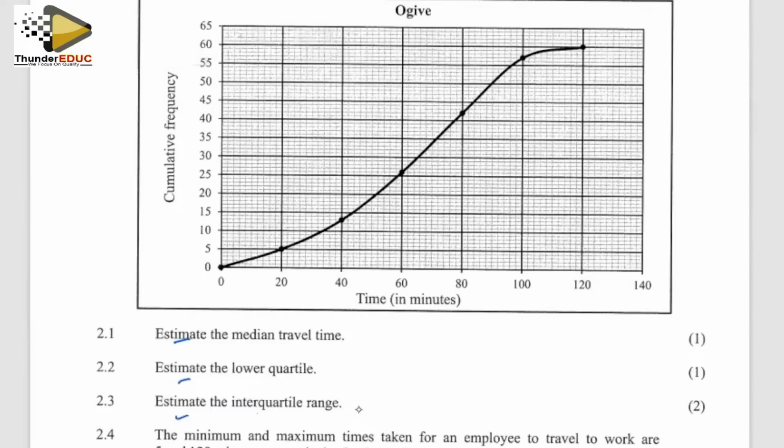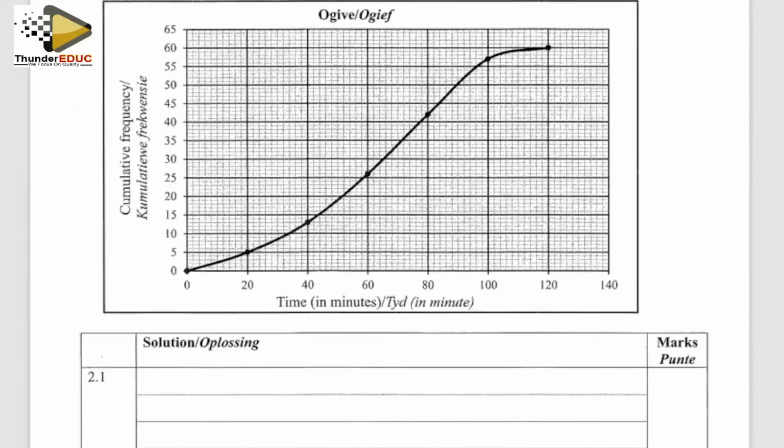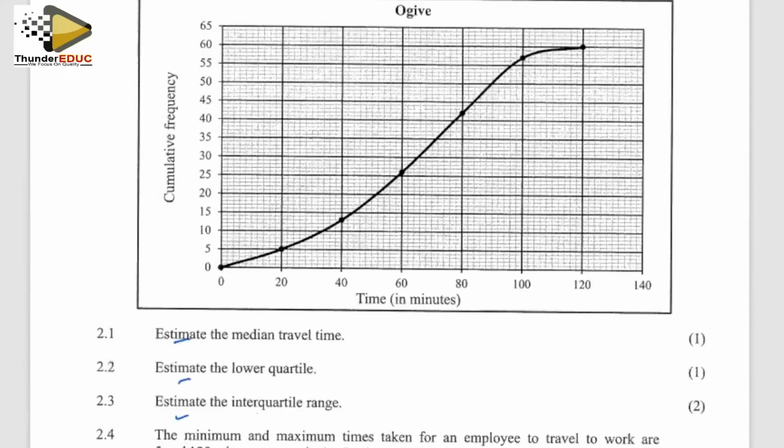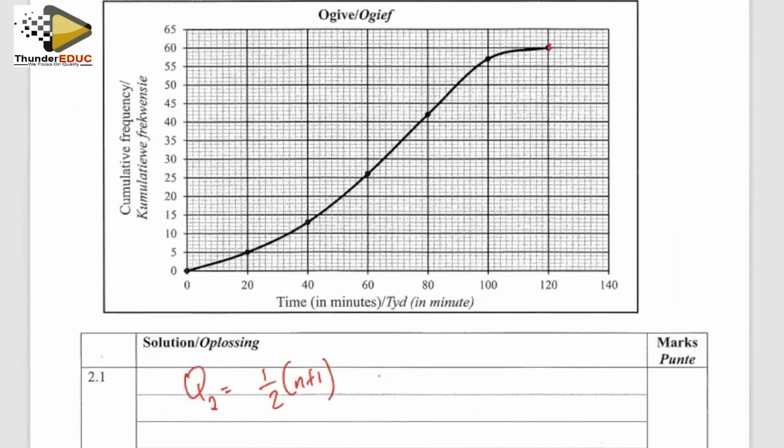So for us to get the median, there is that formula that we normally use: Q2 will be a half of n plus 1, if we are looking for the position. Then if we do the substitution, we know that our n is 60 because the question told us we're dealing with 60 employees that travel to work each morning. So that's a half of 61, which gives me 30,5.